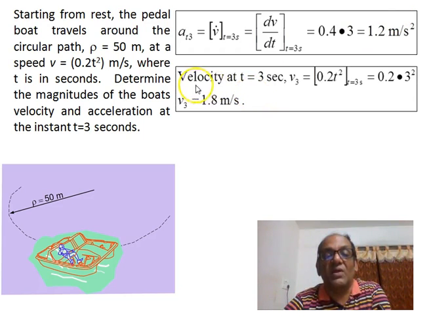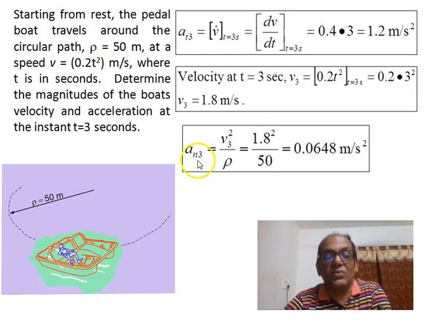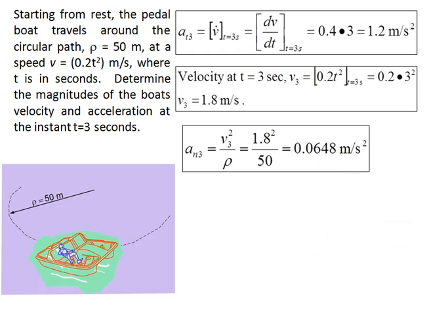Then we write velocity at time t equal to 3 seconds, which is v3, already given to be 0.2 multiplied by 3 squared, that is 1.8 meters per second, the magnitude of the boat's velocity. And then its normal component is velocity at that instant squared divided by the radius of curvature, which comes out to be 0.0468 meters per second squared.